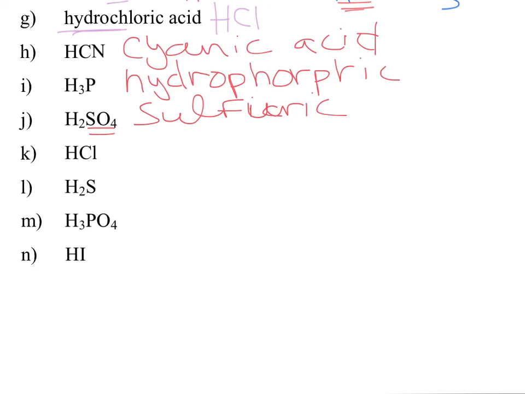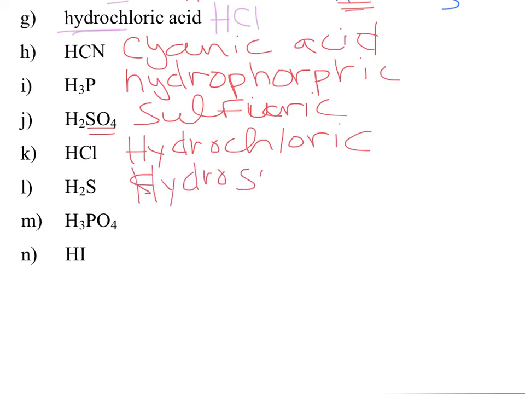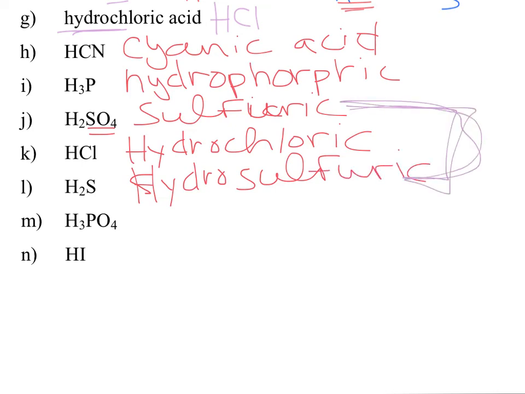Sulfuric acid. There's no O, so this is hydrochloric. There's no O, so it is hydrosulfuric. And notice the difference here. These two right here are very, very similar, but the major difference is the hydro. Okay, there's no O there, so that's why it's the hydro.